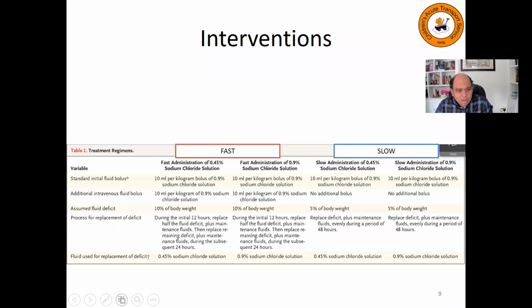In the fast group, you replace a lot of the fluid within the first 12 hours, whereas in the slow group, you replace the fluid deficit evenly over 48 hours, which is currently what the BSPED guidelines recommend. In the fast group, the fluid was front-loaded, so you got a lot more fluid in the first few hours. And you can see the fluid type was different, because that was another concept explored in the randomization: 0.45% versus 0.9% saline. Next slide, please.